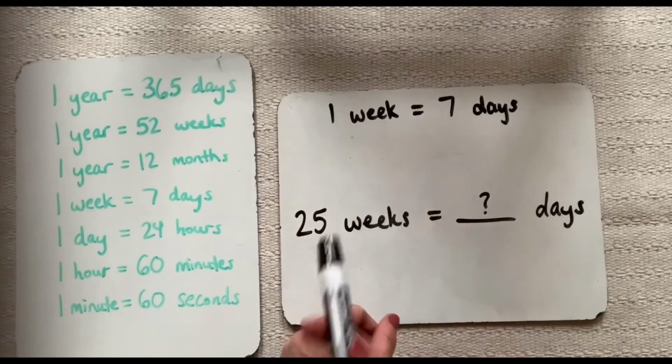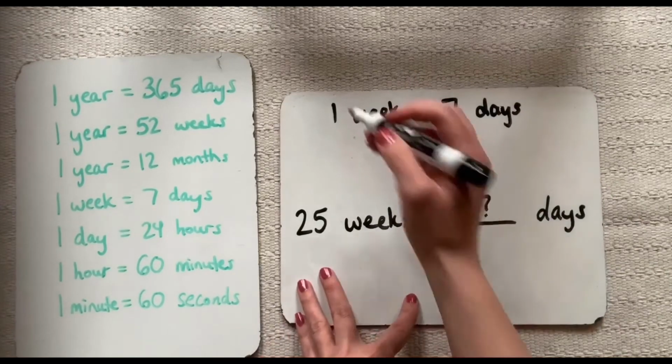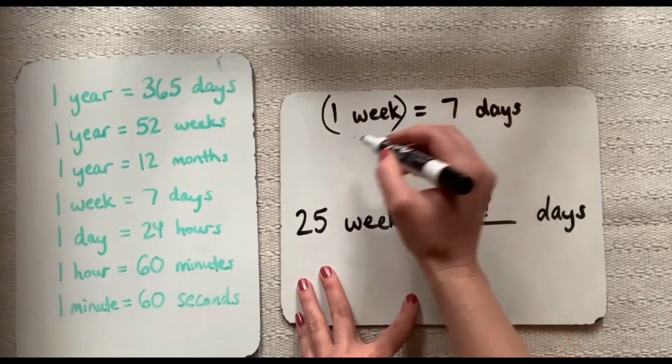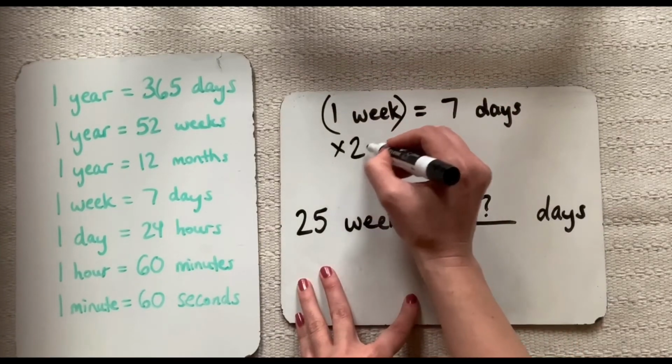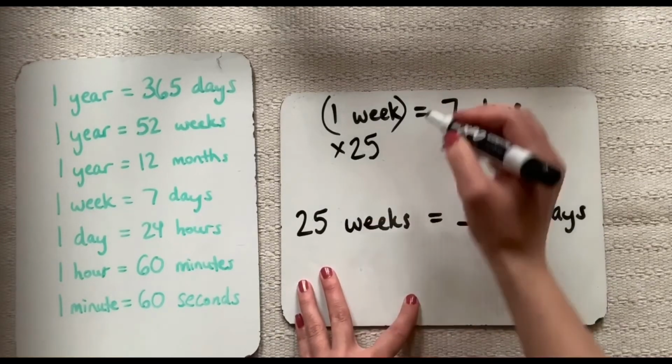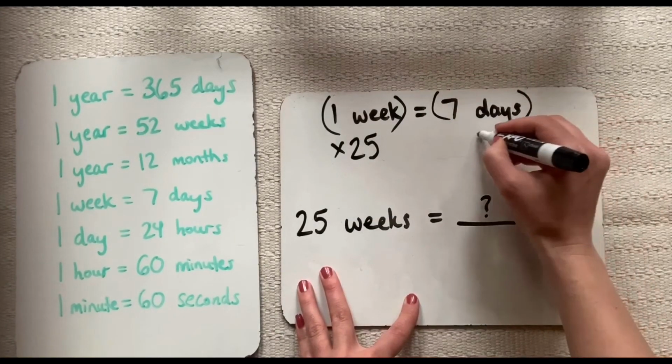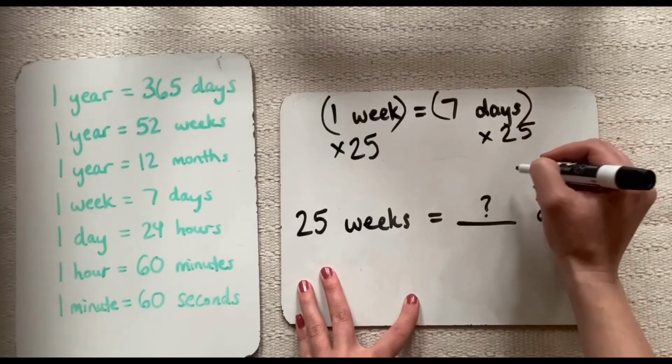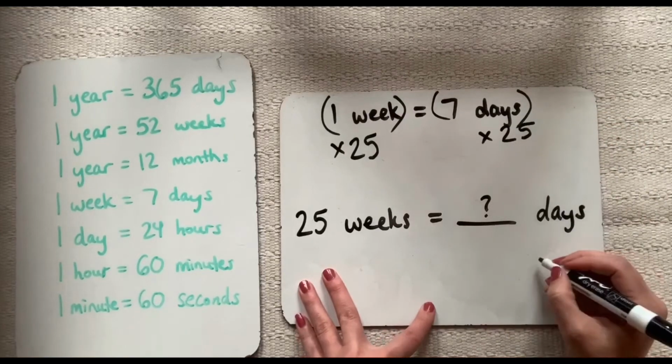But we're not talking about 1 week, right? We're talking about 25. So let's say we took this and we times it by 25. We'd get 25 weeks. And we took this and times it by 25. You would get how many days?